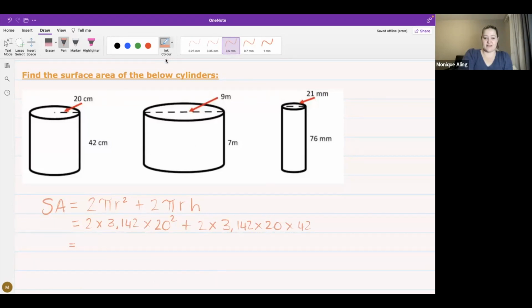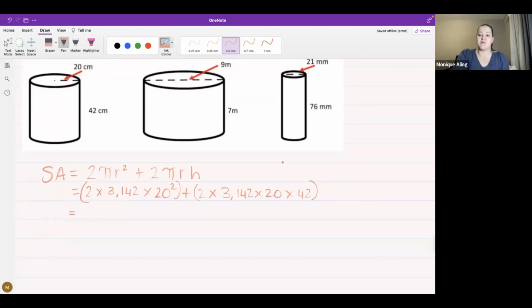Nice, I'm seeing the correct answer. Now if it does help, because there's a lot to put in your calculator, maybe do the first part, work it out, then do the next part, and then add it together. It is beneficial to do it that way, but I know that we all prefer just to put it in the calculator and get our answer straight away.